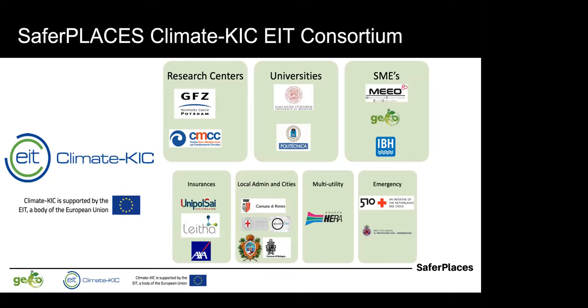We have also on board a panel of potential end user and stakeholder, including insurance company, local administration and cities, multi-utility company, and emergency authority. All of them has been engaged in a co-design and co-development process in order to have a better design of the platform.